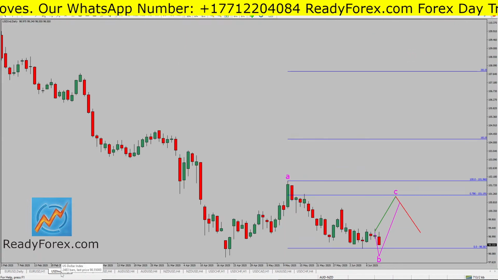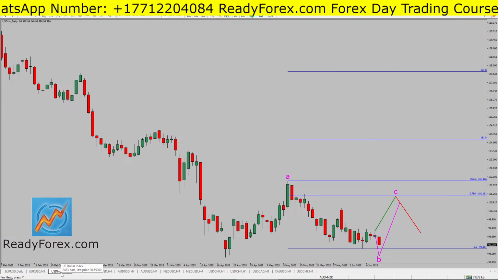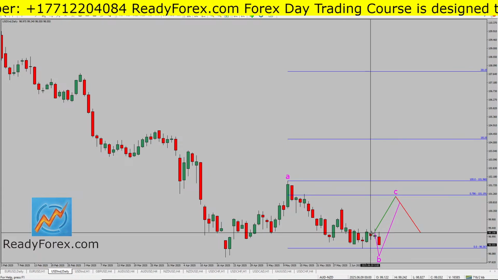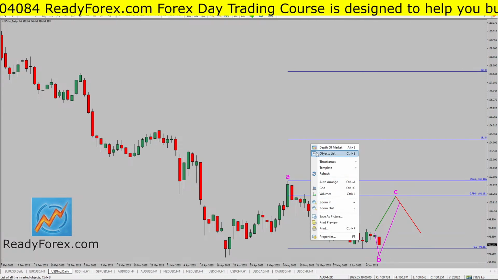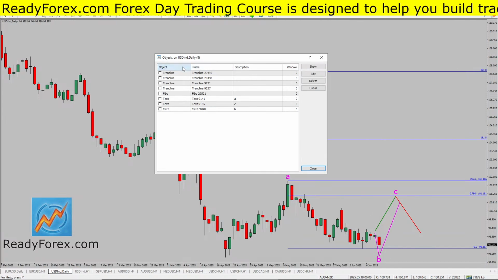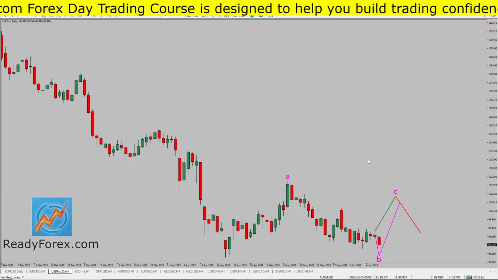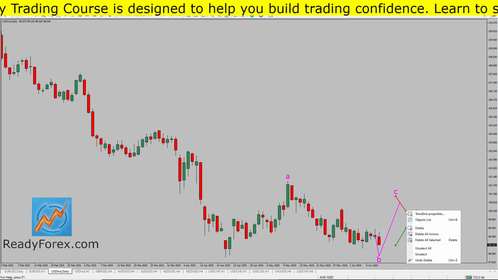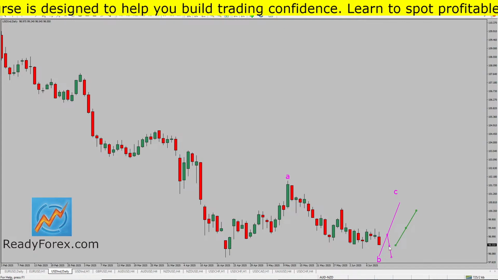Next, let us take a look at the United States dollar index. Now I told you that it's going to print a new low. So the way I see, if you check out the US dollar index daily time frame, price action is now going to drop and it's going to print a new low.